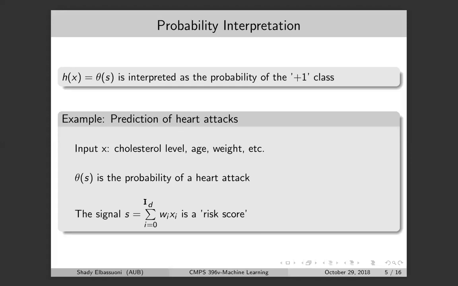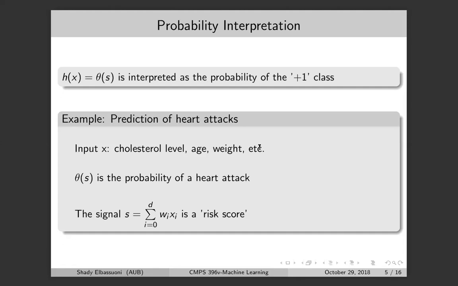I cannot predict that a given patient will definitely have a heart attack, but I can say there is a very high chance that they will, based on cholesterol level, age, and weight. Of course, they might not have a heart attack. So it makes sense in these scenarios that I'm predicting a probability rather than a definite +1 or -1.